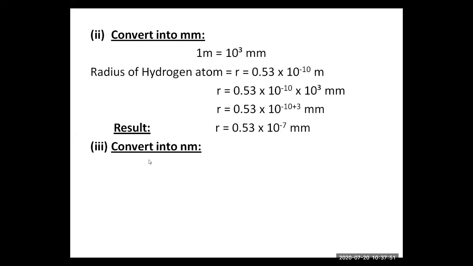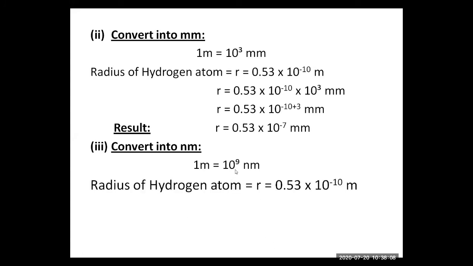Now next one is convert into nanometer. So nanometer is much smaller as compared to millimeter and centimeter. So 1 meter is equal to 10 raised to the power 9 nanometer. So R is equal to 0.53 multiplied by 10 raised to the power minus 10 meter.